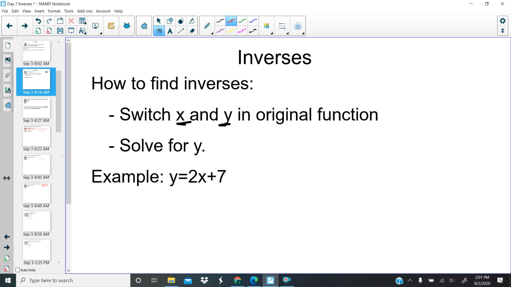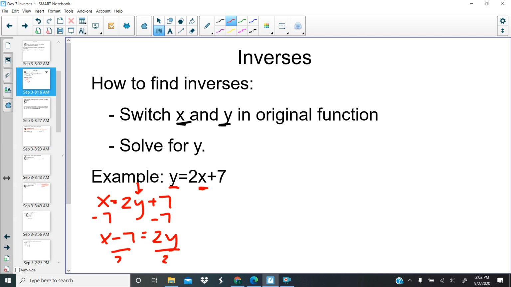So here's an example, and the first thing I'm going to do is switch my x right here and my y. So I would have x equals 2y plus 7. And now I just need to solve for this y again. To do that, I'm going to subtract 7 from both sides and have x minus 7 equals 2y, and then I'm going to divide by 2.